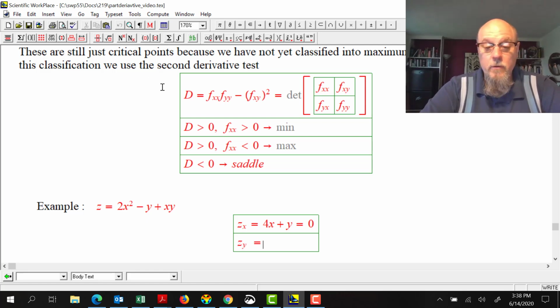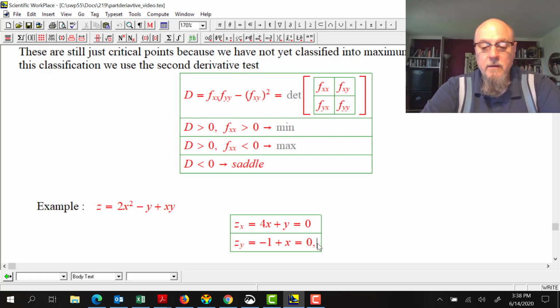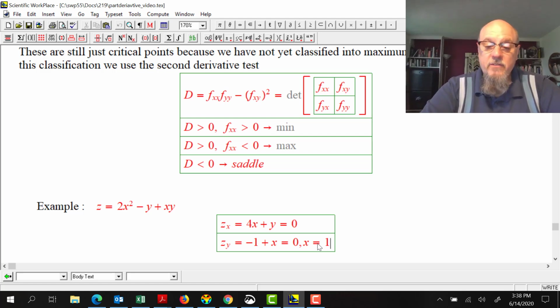Set that equal to 0. So that's going to be 0 minus 1 plus x is equal to 0. So here's two equations, two unknowns. We solve them. Let's look at the bottom equation first. The bottom equation solves only if x is equal to 1. If x is equal to 1, then the only way to solve the top equation is y is equal to minus 4.